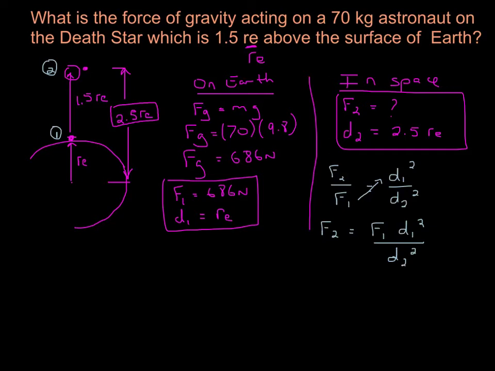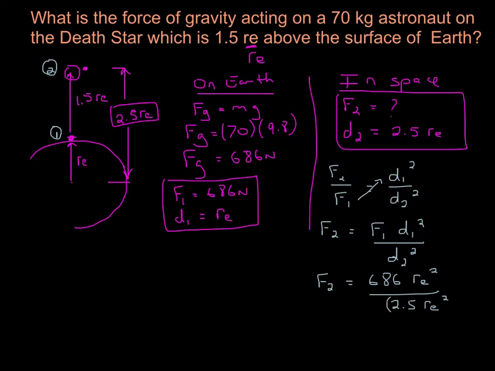Now we can just sub in all of our numbers. We don't know what F2 is, but we know what F1 is. This is 686. D1 is RE, and don't forget, D1 is squared. And D2 is 2.5 RE squared.